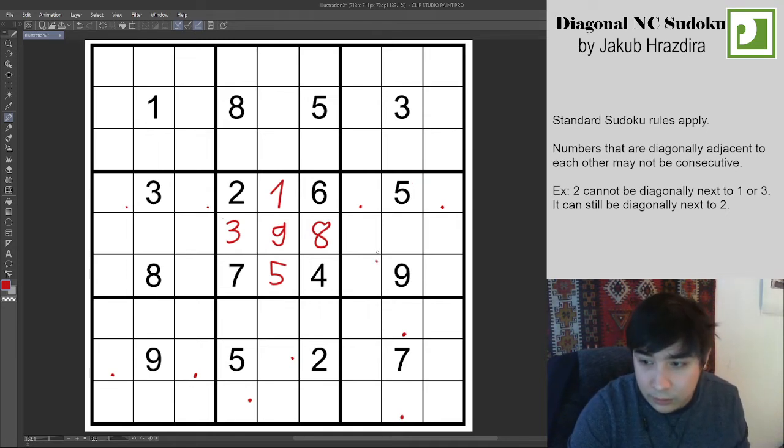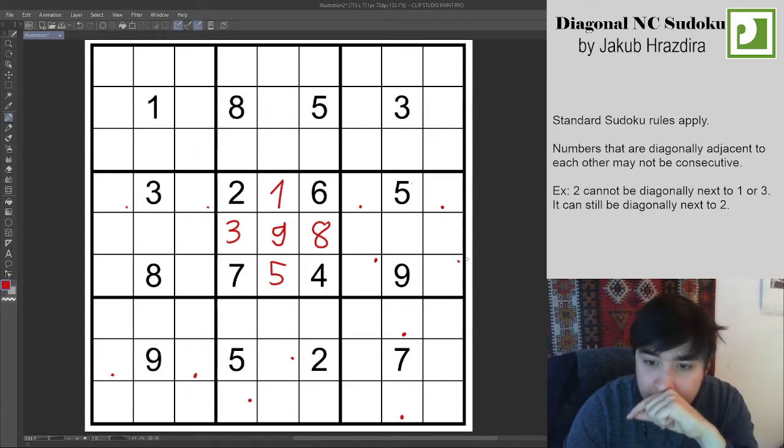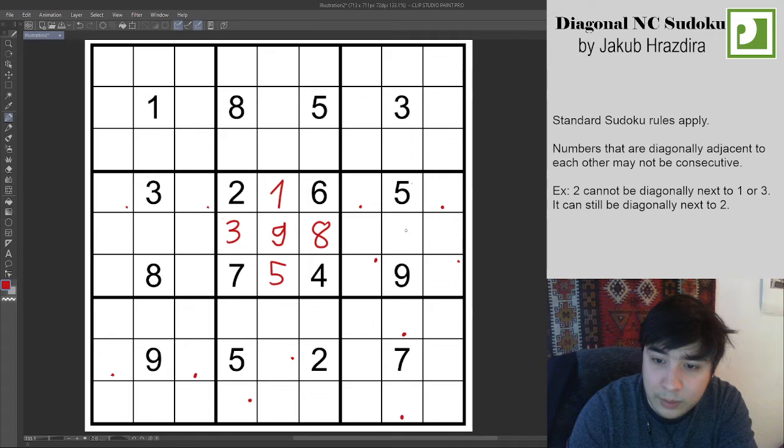We can do a pencil mark pair for a 3 down here. That does mean this middle cell cannot be a 2 or a 4. It can also not be a 7, but it can't be a 7 anyway.